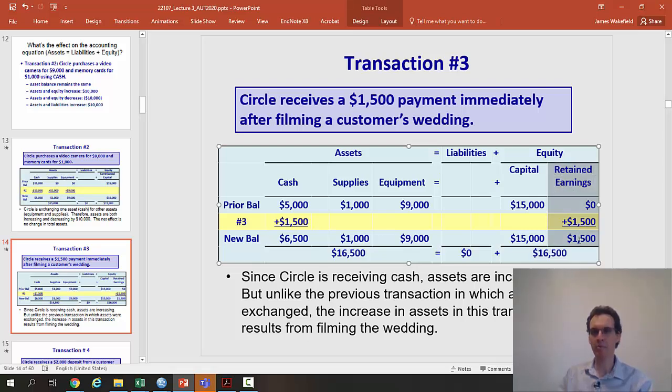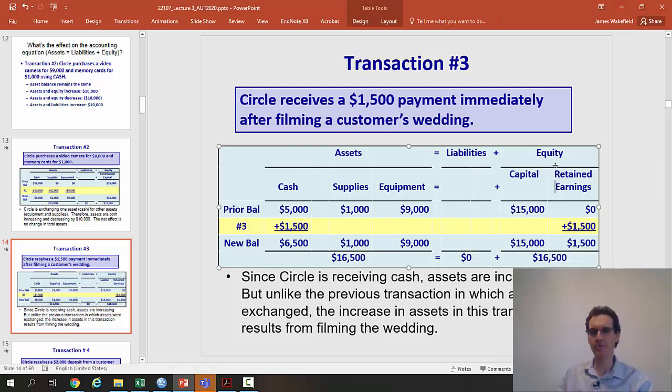Now, I want you to note something very important here. Yes, we did add this $1,500 that was associated with revenue to retained earnings. And at the end of the period, we will record what we call a closing entry that will shift our profits to our retained earnings account.